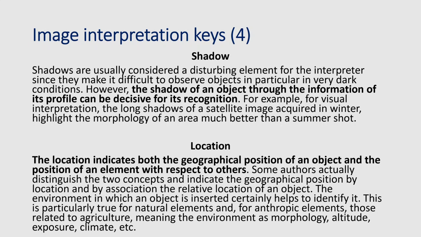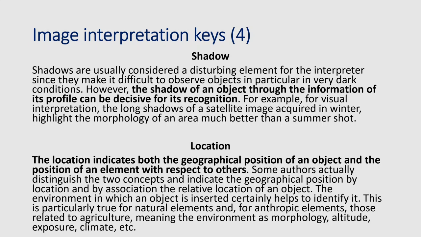This concept is quite important for us, because just by communicating the location of a particular object, we can give information about where this object is placed. But the association is something that is usually neglected, but is very important.